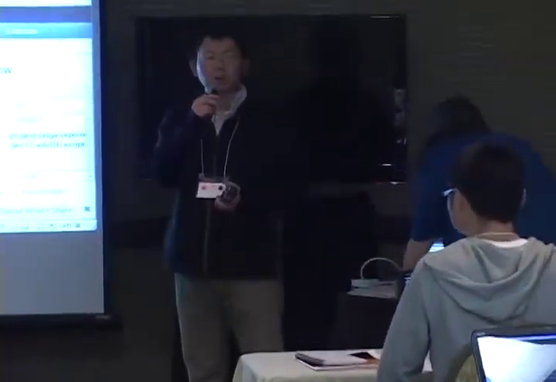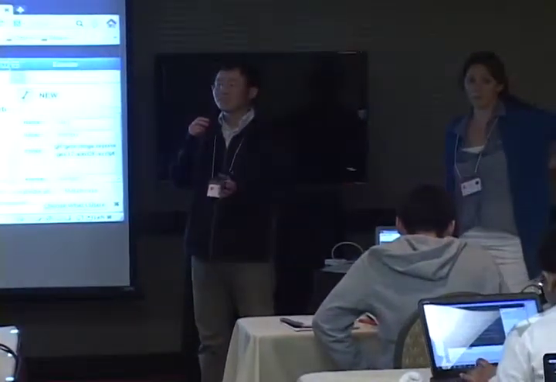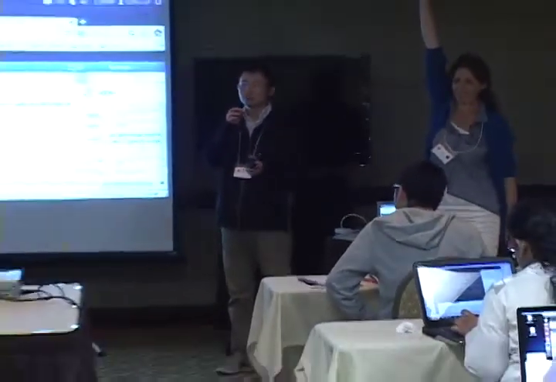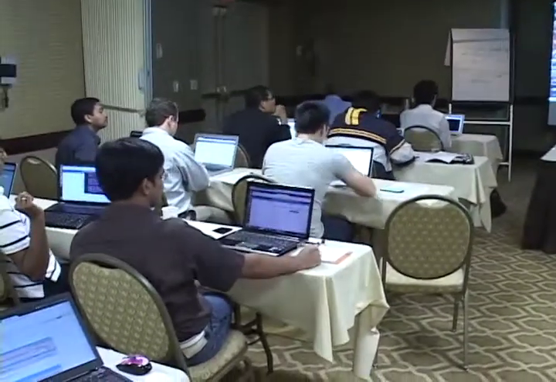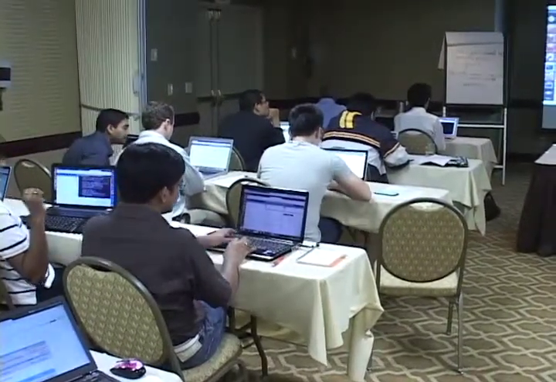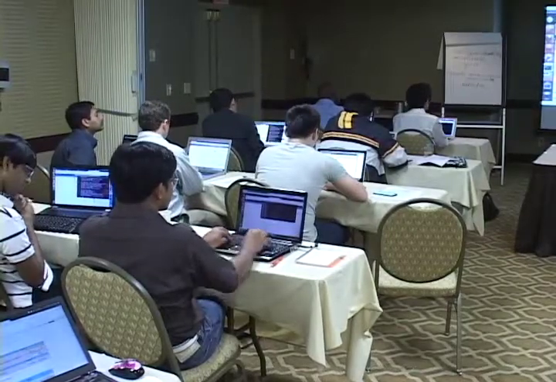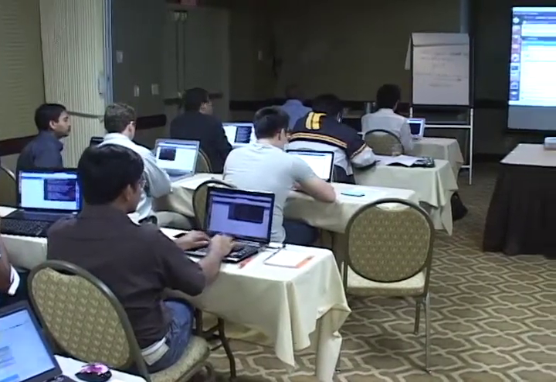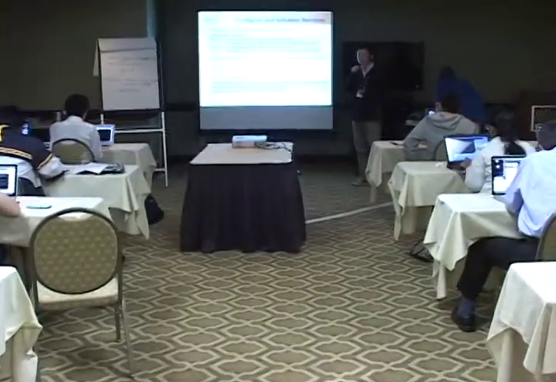So has everybody logged on to Node Switch? Raise your hands if you have logged on to Node Switch. All right. Then on Switch, do an ifconfig to make sure that all the Ethernet interfaces are up, and you can see the IP addresses assigned to each of the interfaces.